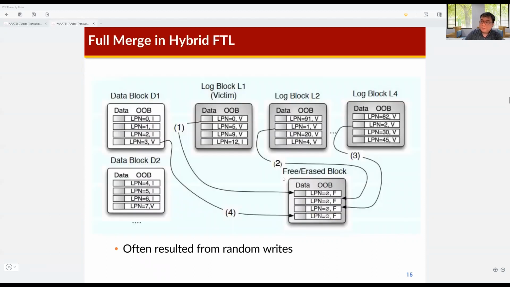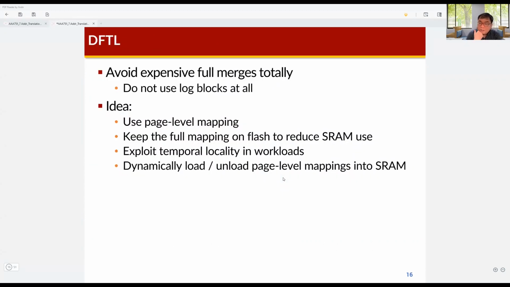But also with this hybrid FTL, the management scheme is very complex, and the hybrid FTL requires additional erase or write operations for merge operations. So those are the issues in hybrid FTL.